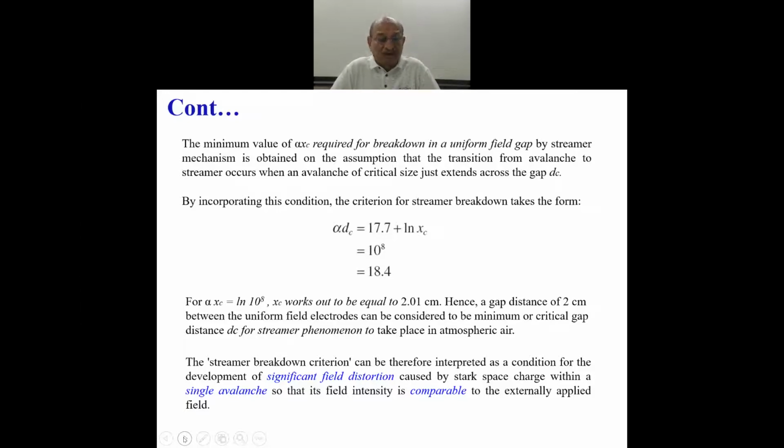So this is very simple common sense, and by incorporating this condition, what we just mentioned, that the streamer process begins when the avalanches acquire a certain minimum length, that is critical amplification of the avalanche, the criterion for streamer breakdown takes the form alpha dc is equal to 17.7 plus ln xc, because by this time the field developed by the avalanche is of the order of the field applied between the two electrodes in a uniform field.